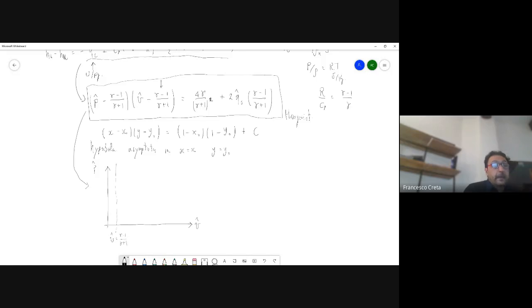Okay? And then this other asymptote will be over here at the value p hat equals minus gamma minus 1 divided by gamma plus 1. Okay? So these are the hyperbola.